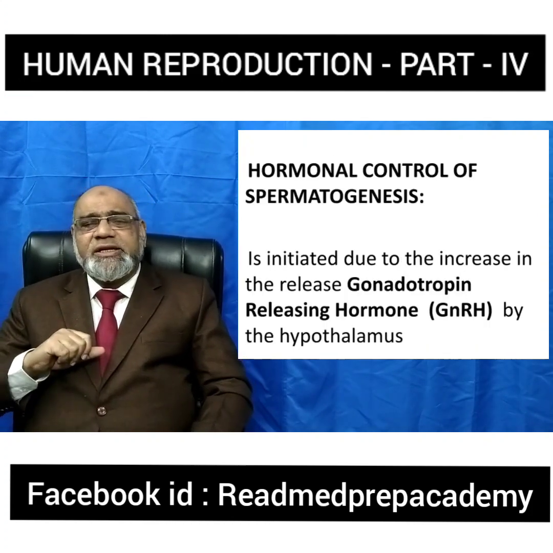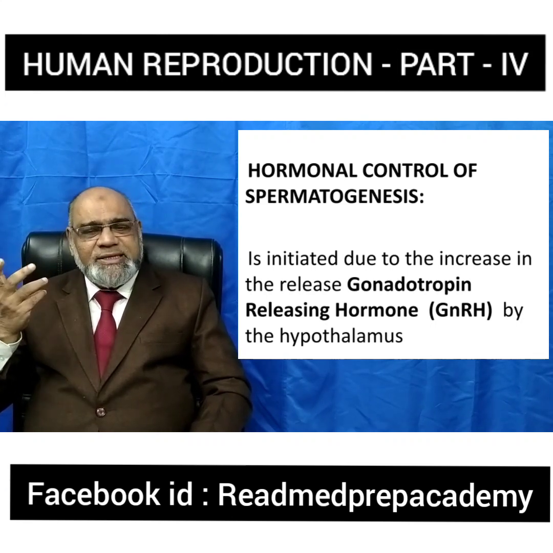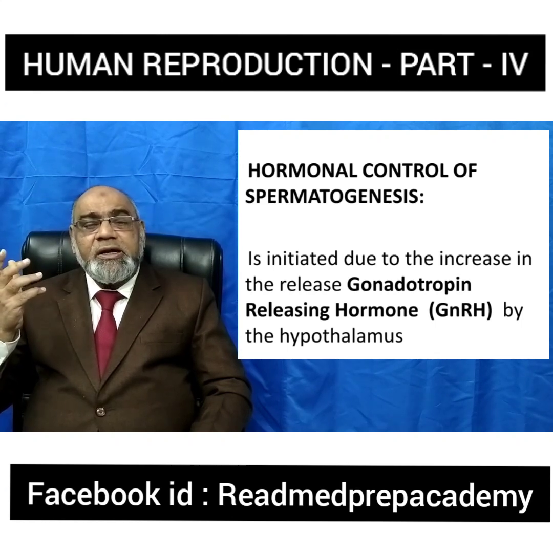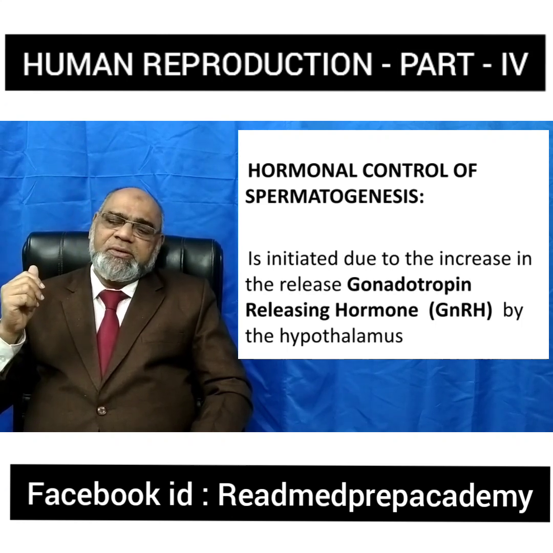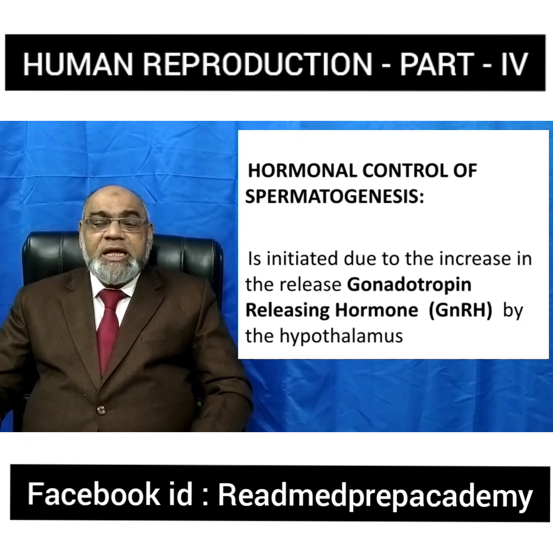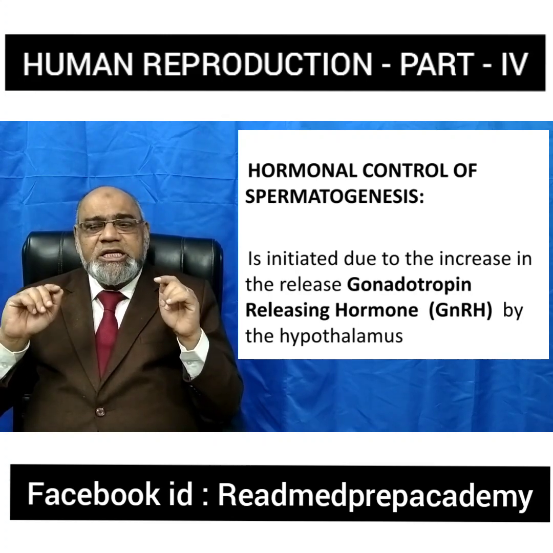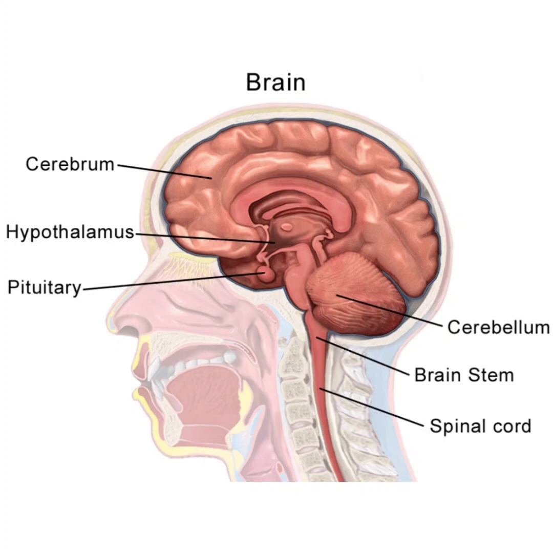What are the hormones that are necessary for the control of spermatogenesis? How does it start? The hormone called gonadotropin releasing hormone is released from the hypothalamus, and this hormone initiates the process of spermatogenesis. Where is the hypothalamus present?